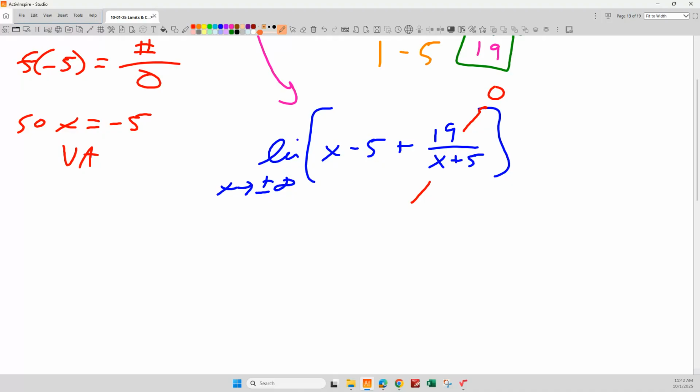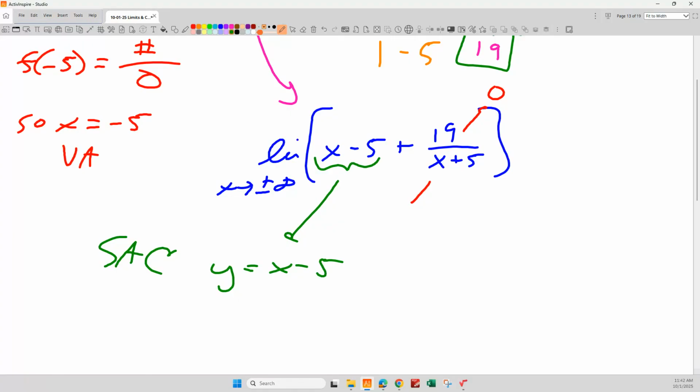And so what we're left with is our slant asymptote, or oblique asymptote: y equals x minus 5. That's the line that defines the behavior at the tails of the function for large positive or negative x. Okay? Good?